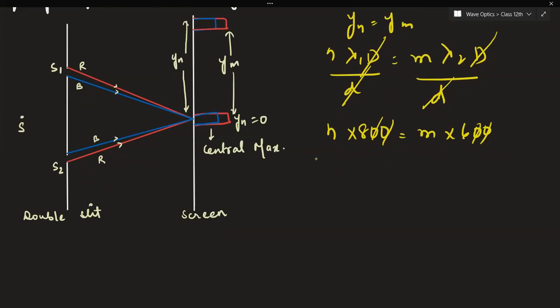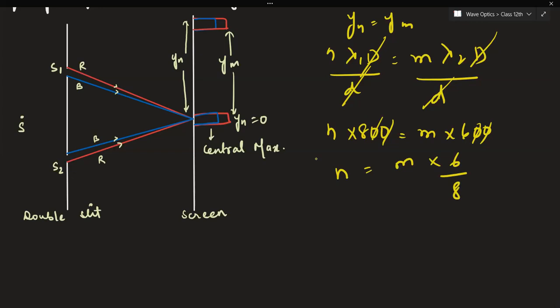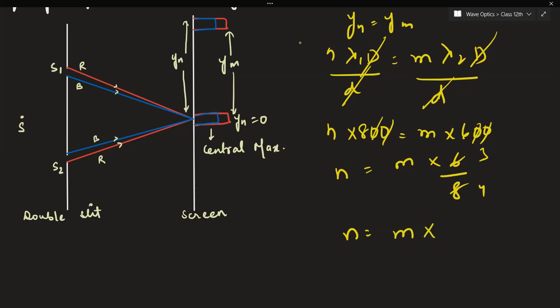Now see, n will be equal to m into 6 by 8, which you can write as 3 by 4. So n is equal to m into 3 by 4. Now, fringe numbers cannot be in decimals or fractions. n's value depends upon m.